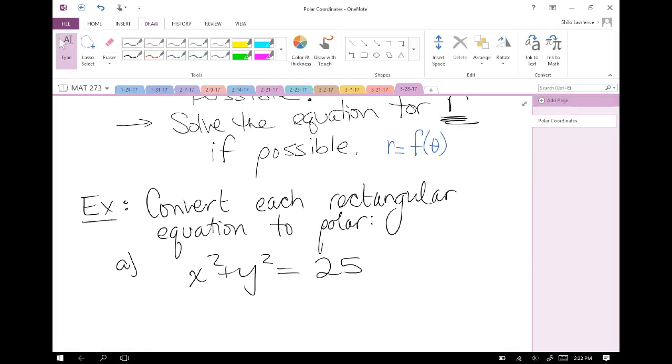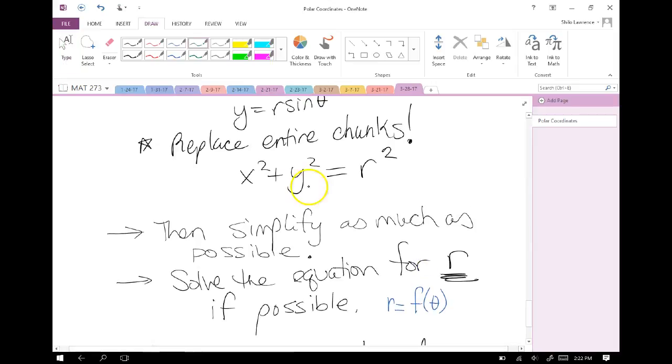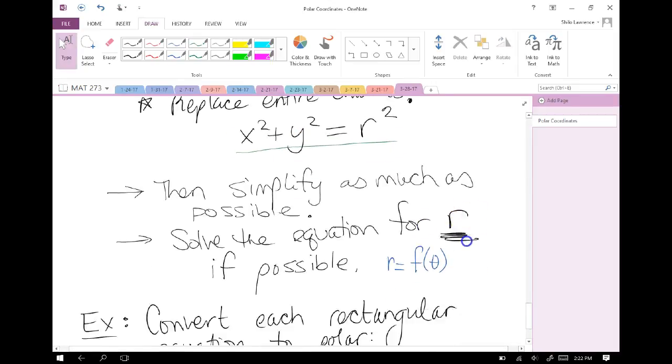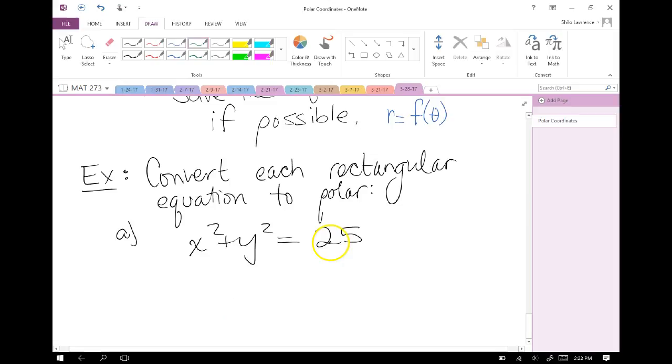Whenever possible, replace an entire chunk, and it will go much faster. So whenever you have that x squared plus y squared chunk, replace it all at once. x squared plus y squared is equal to r squared. So I'm going to replace the entire x squared plus y squared with r squared, and solve for r if I can.